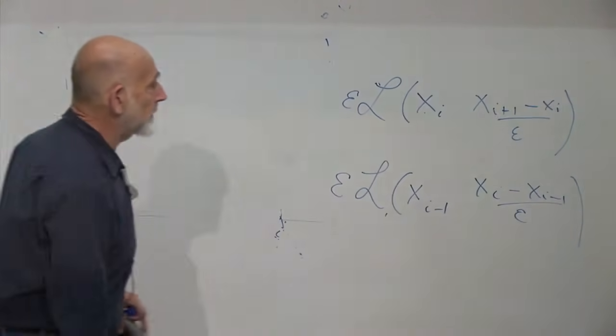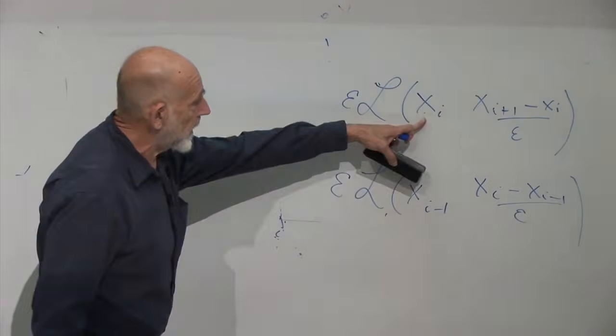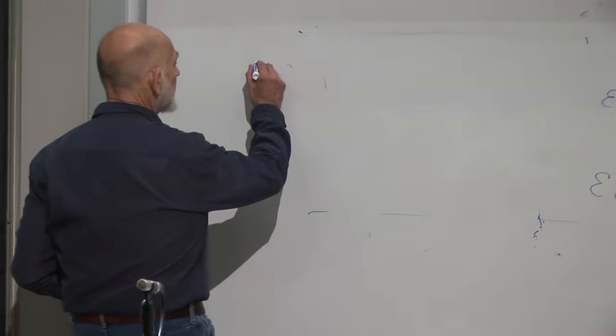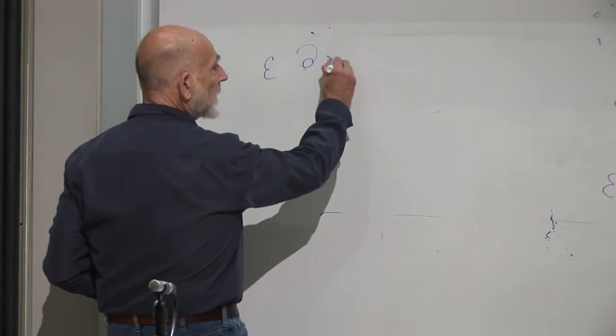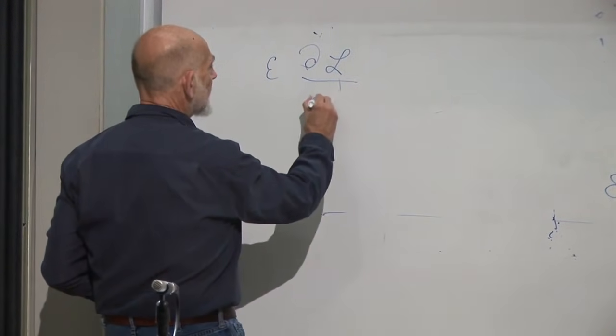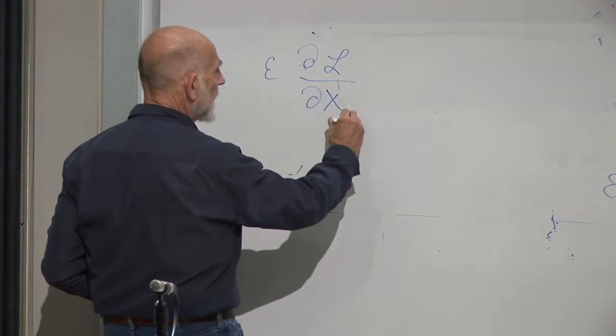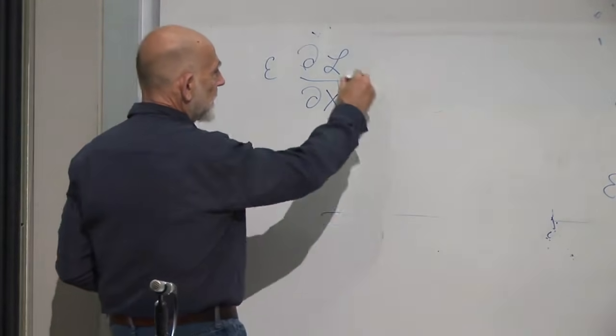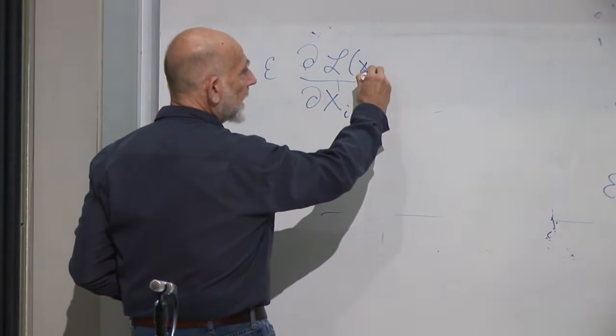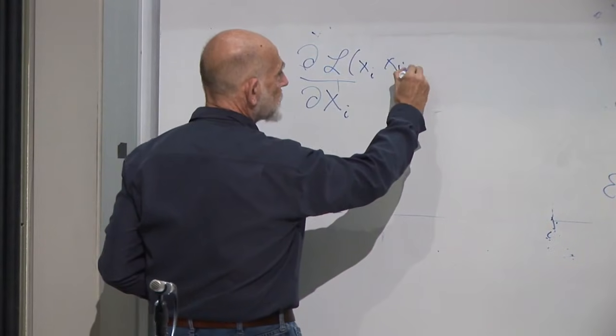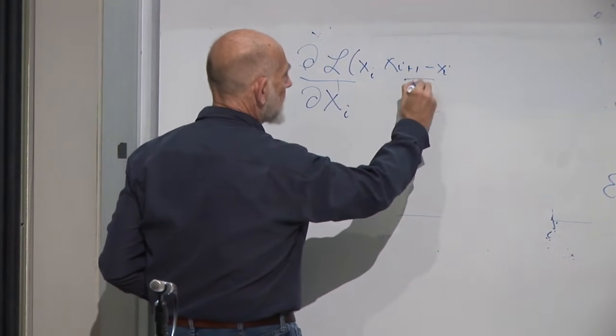So this one we have to differentiate with respect to xi over here. That will give us epsilon times the derivative of L with respect to xi. And this is xi and xi plus 1 minus xi over epsilon.